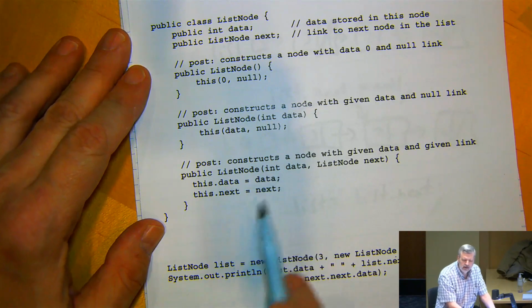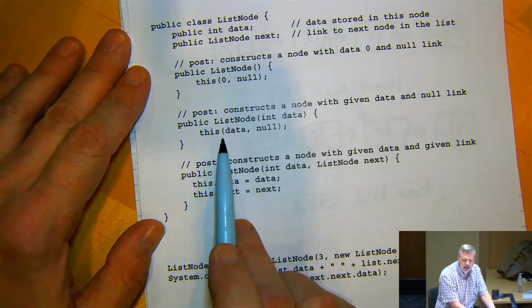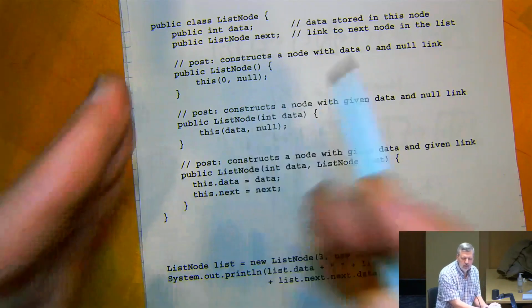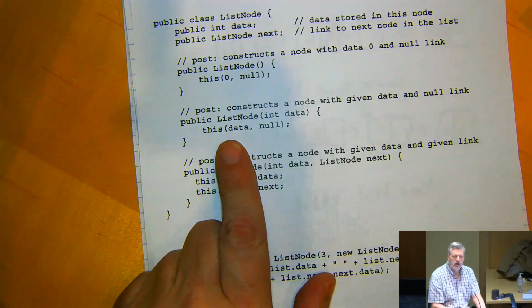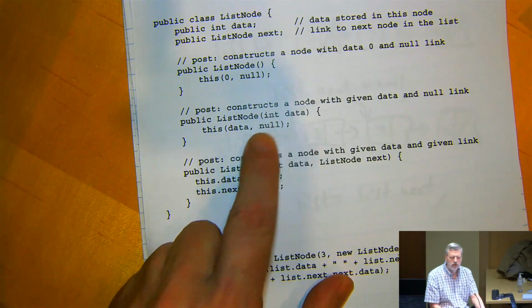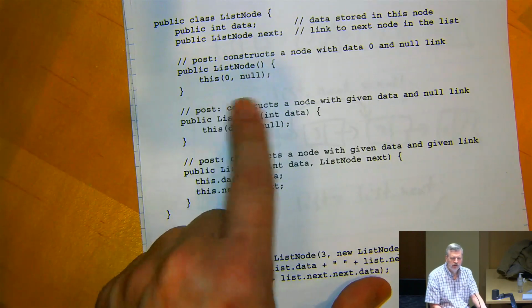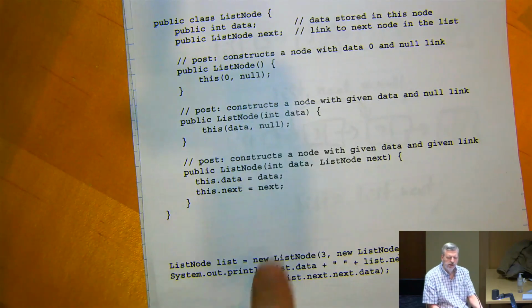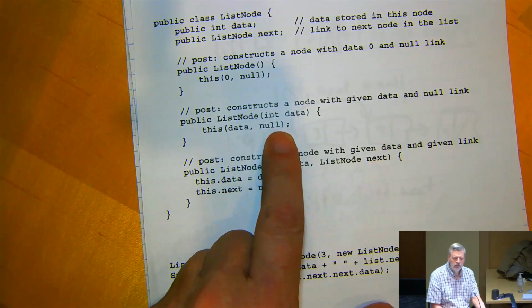In the other two cases, I'm using this notation, this with parentheses, which I had pointed out is one constructor calling another constructor. So this is the one-argument constructor calling the two-argument constructor. This is the zero-argument constructor calling the two-argument constructor. And so if they don't specify what next is, we'll assume it's null.